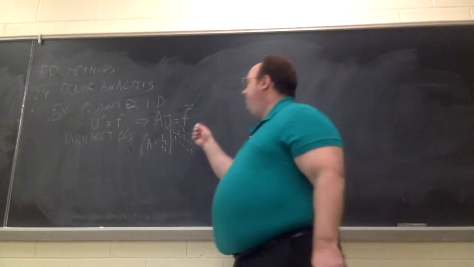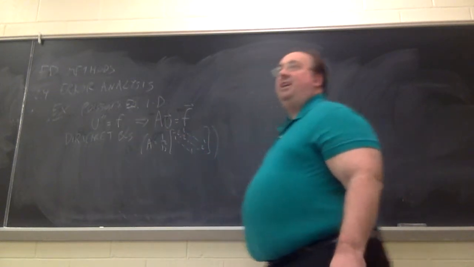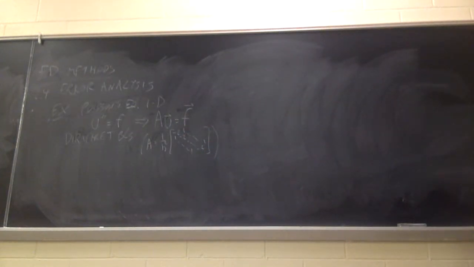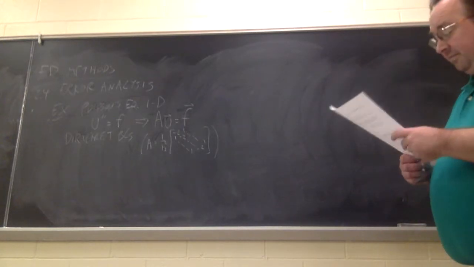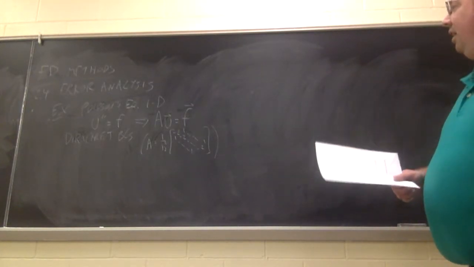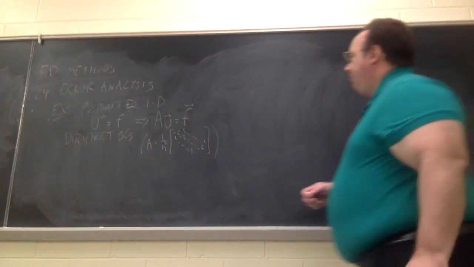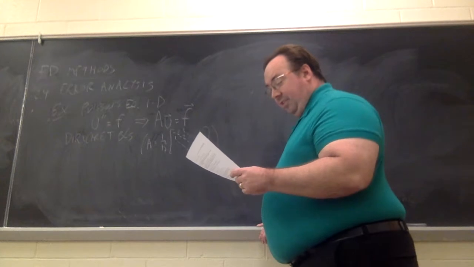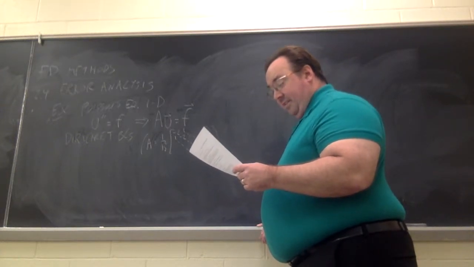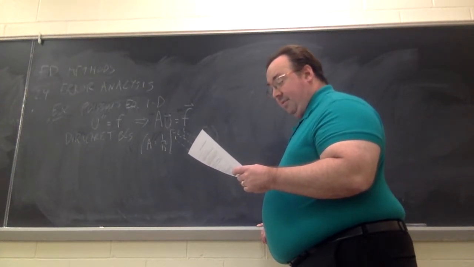The vector F accounts for the function f, as well as any additional terms due to the boundary conditions. So our computed solution is just going to come from solving this system.